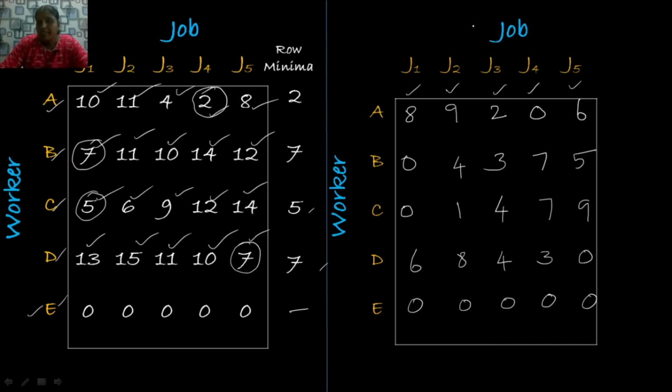Before making assignment, first let me write down the number of zeros in each row. Look at the first row, it has only one 0 element, and the second row also has only one 0 element. Third row also has only one 0 element. Fourth row also has only one 0 element. And the last row has 5 zeros.